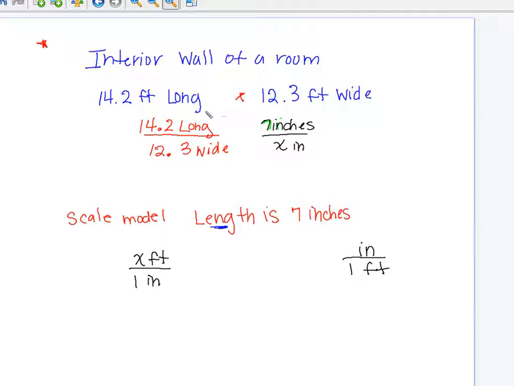So let's take the one that we were given. This is the one that we were given, and it's feet, so let's take 14.2 feet in 7 inches. Add some space here. There we go. So take 14.2 and divide it by 7, and it gives you 2.02. And it goes on a little bit, but that's okay.